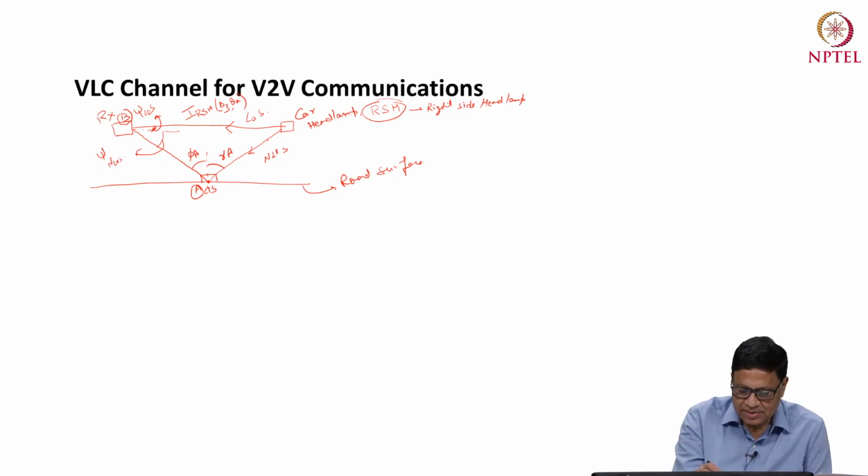And this distance is from the right side headlamp to point A, and this distance is from A to the receiver.